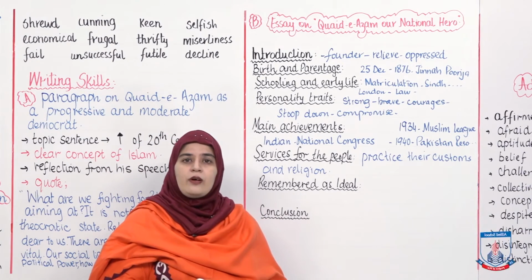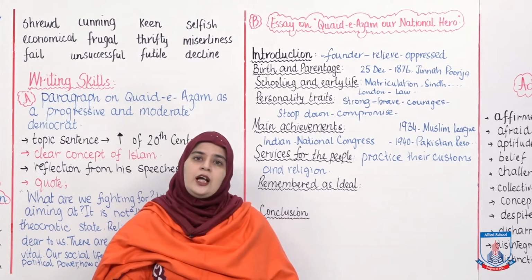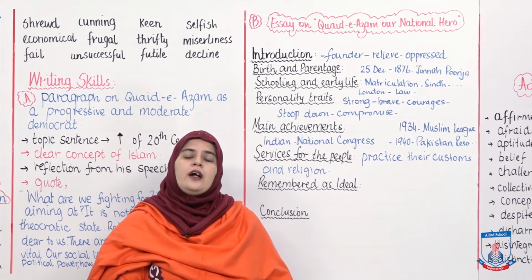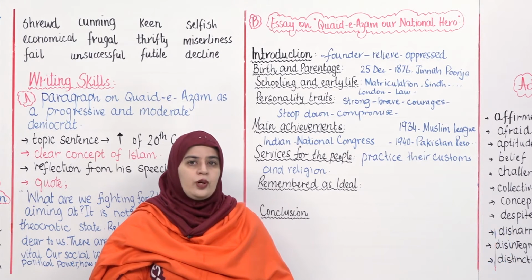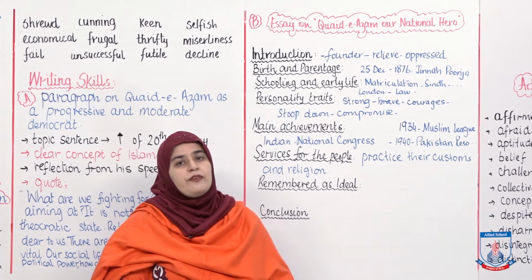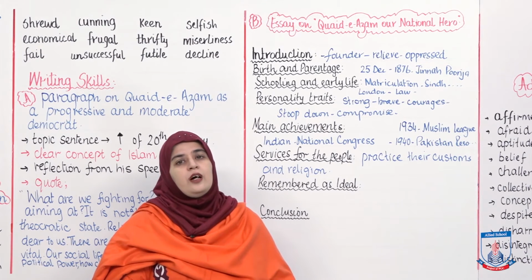This you can write, obviously, Quaid-e-Azam Muhammad Ali Jinnah is going to be our ideal forever and ever throughout our life. It is only because of him that we have found a homeland.